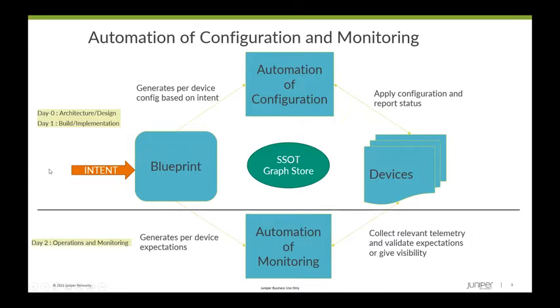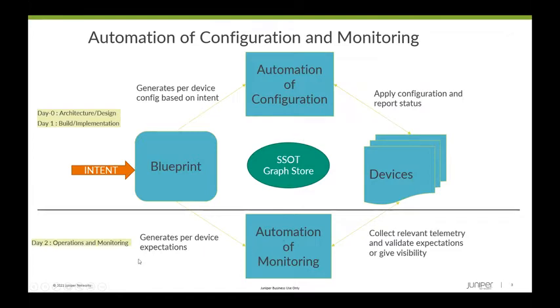Just a quick recap, right? For Apstra, everything is intent-based. So we put our intent as a blueprint, and then as a framework, you derive the configuration from this blueprint and put that configuration on the devices. But you also use the same blueprint and derive the expectation from the network.